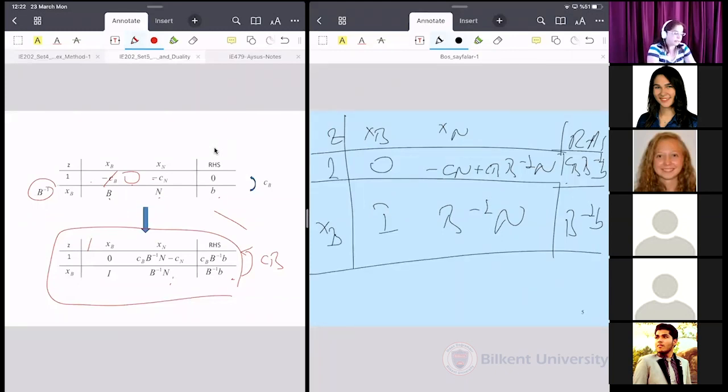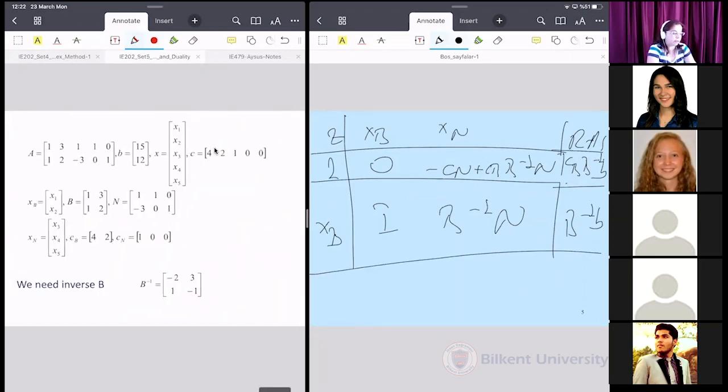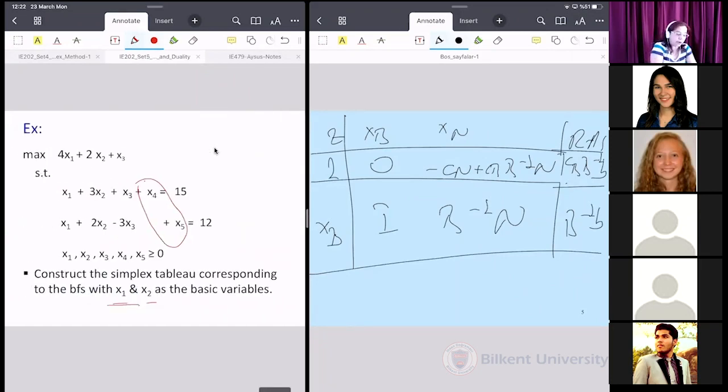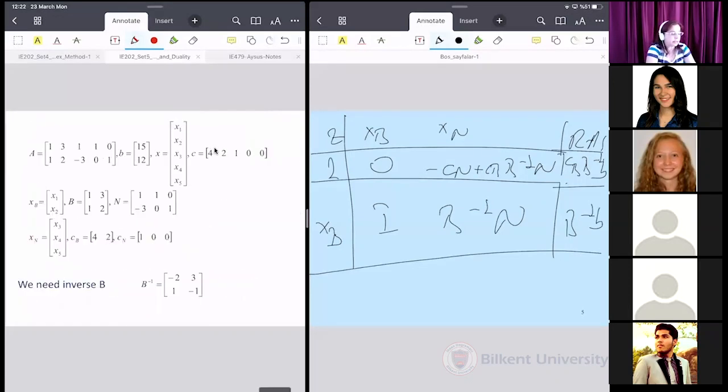Okay, let's now go to the example. It says with X1 and X2 as the basic variables. Okay, that means this was my A according to the original problem, b, and c. It says X1 and X2, so my XB will be X1 and X2. My XN will be X3, X4, X5.